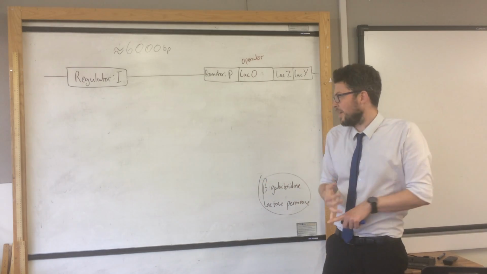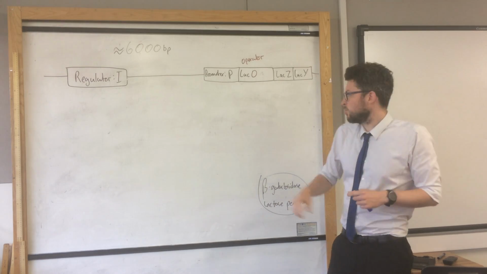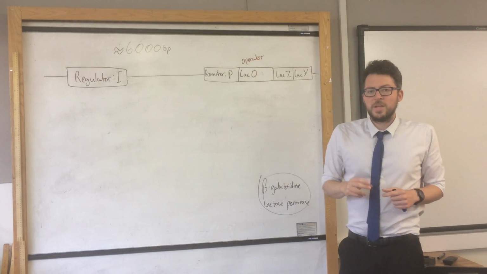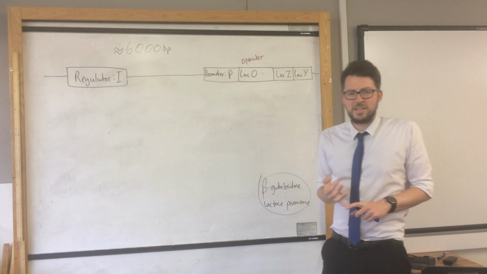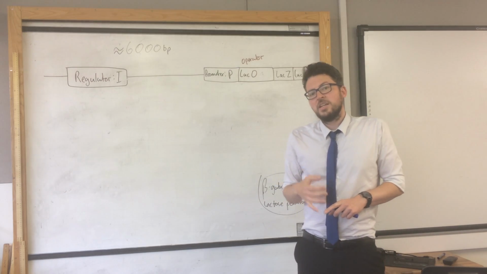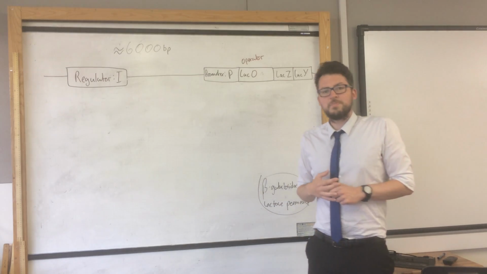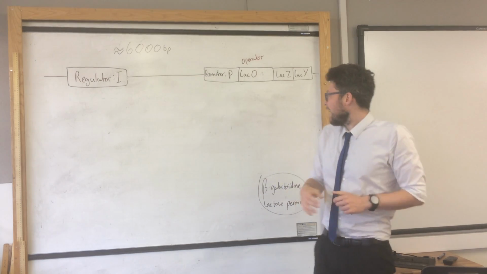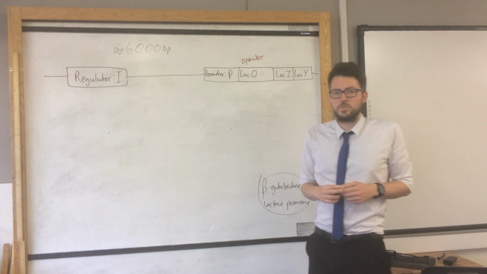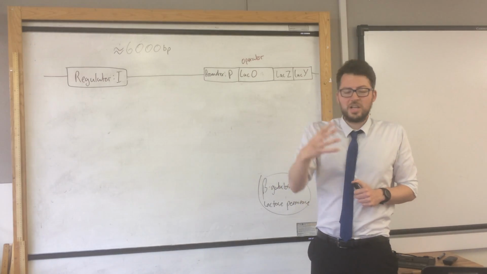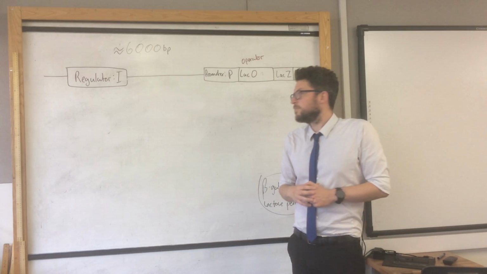This will become clear shortly. And then we have the structural genes, which are lac-Z and lac-Y. What they code for are two enzymes which allow the bacteria to break down lactose. Lac-Z codes for an enzyme called beta-galactosidase, and lac-Y codes for an enzyme called lactose permease. We'll look at a bit more about what they do later on.